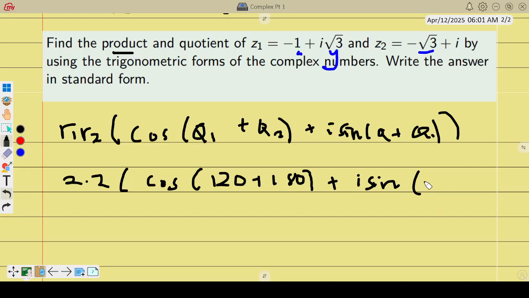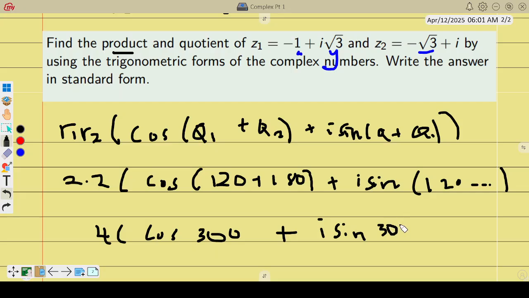So 120 blah blah blah 180. So this is 4 cos. So what is 120 plus 180? We're getting a 300. So even here it will be a 300.